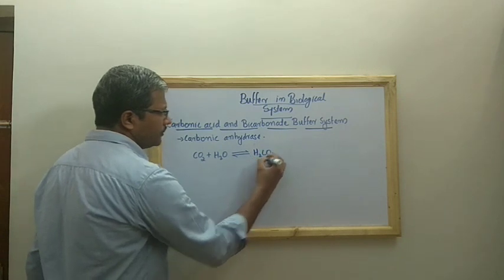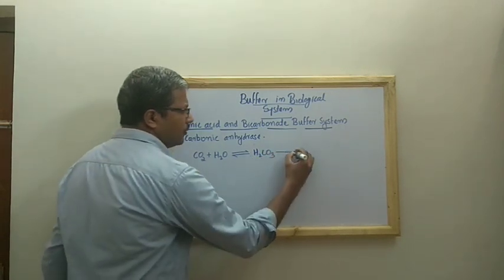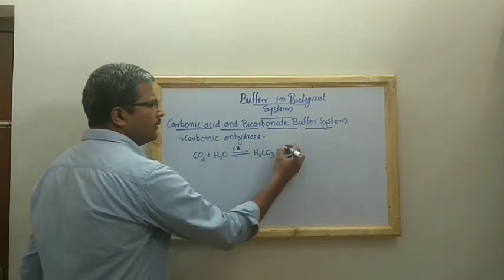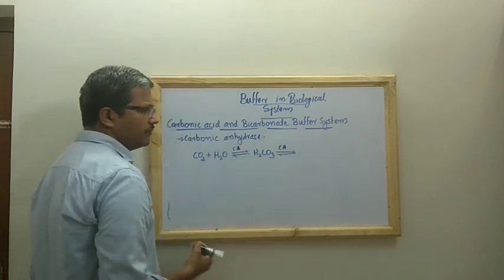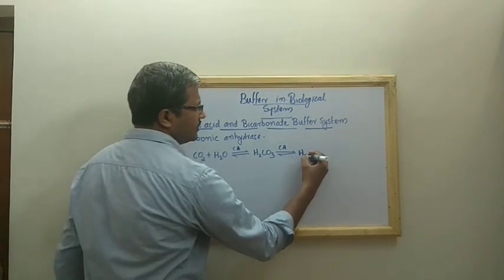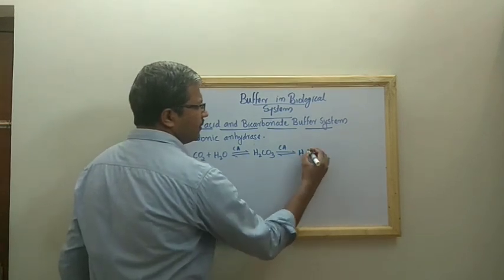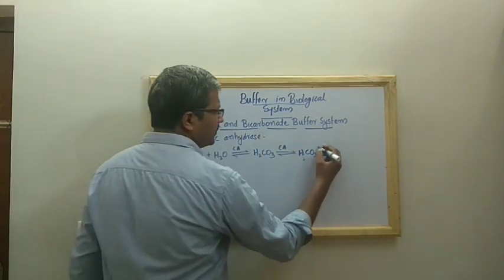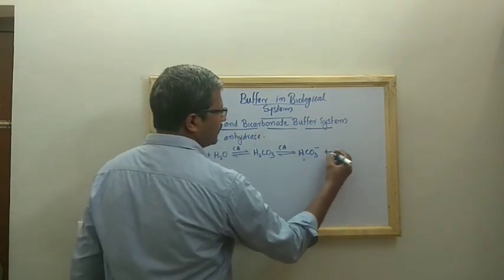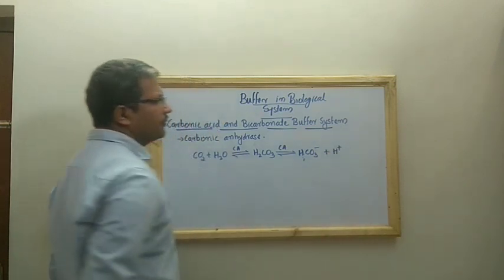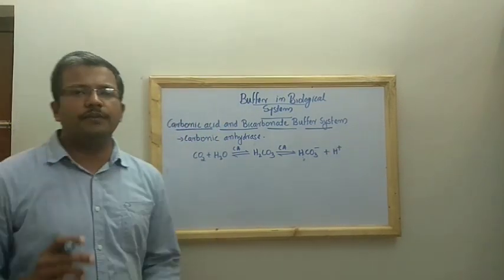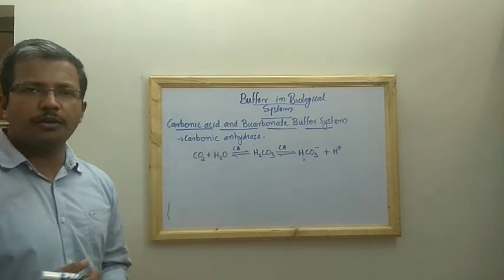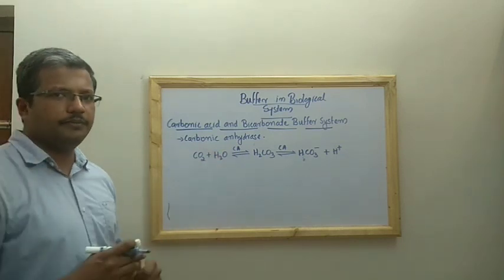Then this dissociates, by the same enzyme carbonic anhydrase, to form HCO3 minus plus H plus. This reaction is catalyzed by the carbonic anhydrase enzyme.